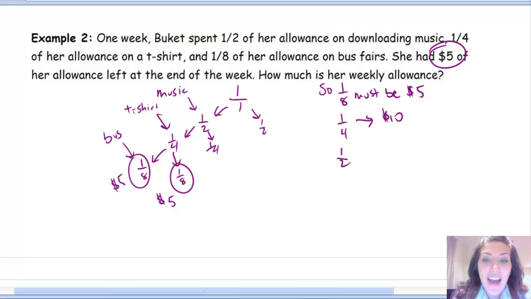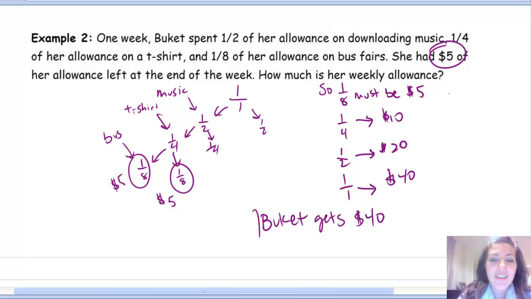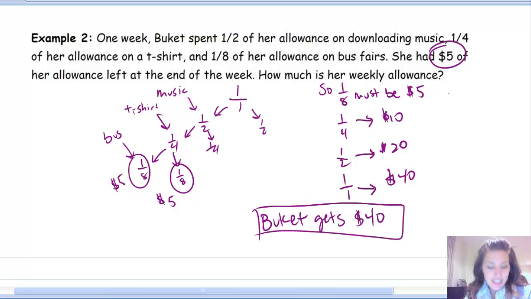That means 1/2 must be $20. And that means that 1 whole must be $40. So Bouquet earns an allowance of $40 a week. Now for this last example, I want you to come to class thinking, is there another way that you can solve this not by working backwards?